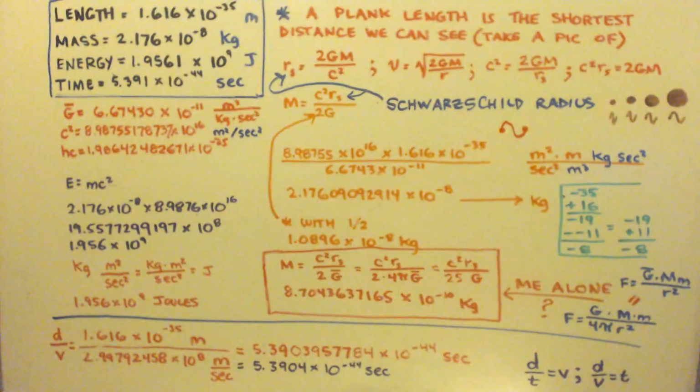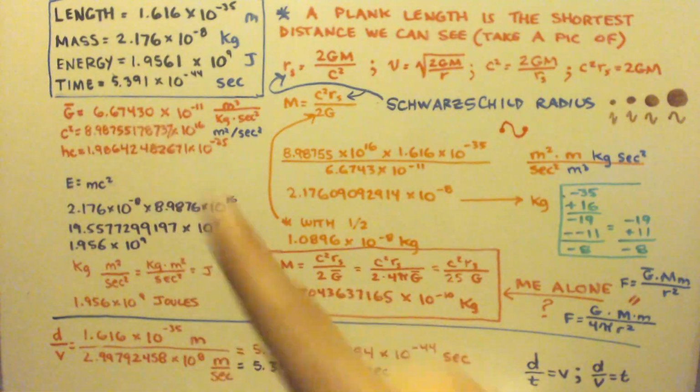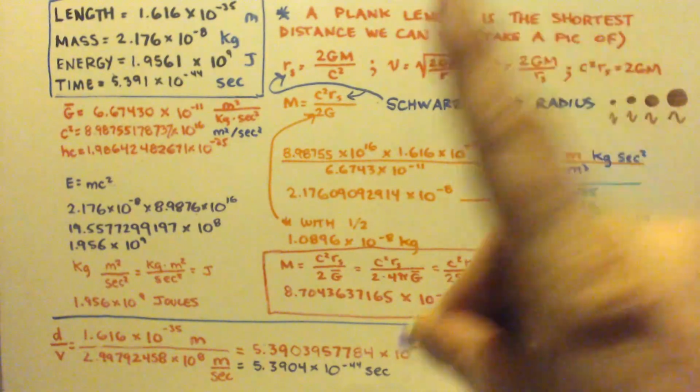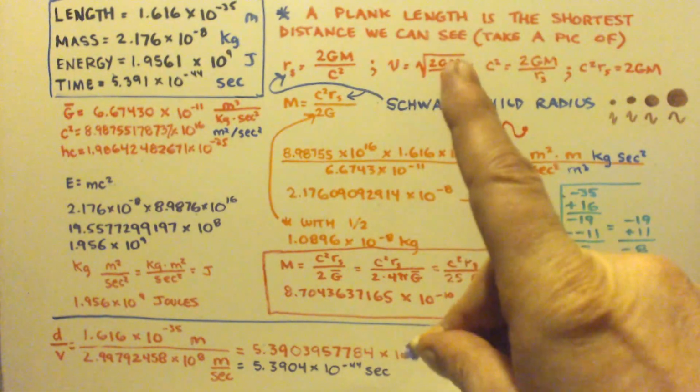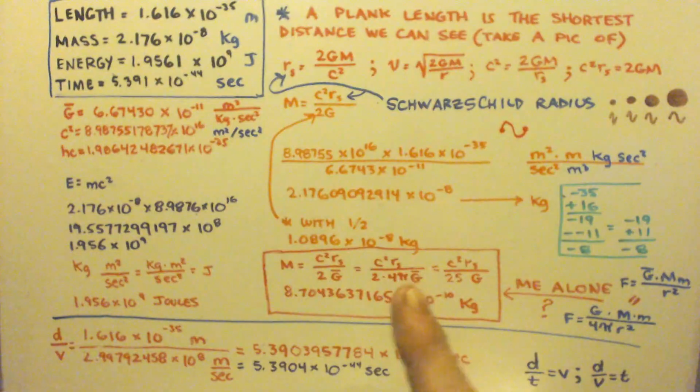We don't call it the reduced G, but that's actually the reduced G. Now, if you were supposed to use the regular G, which doesn't have this 4 pi incorporated, then you'd have to use this formula. And this is the kilograms that you would get, which is 10 to the minus 10.